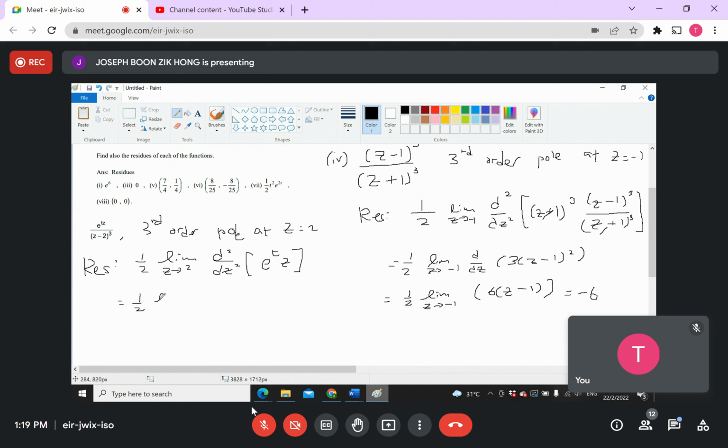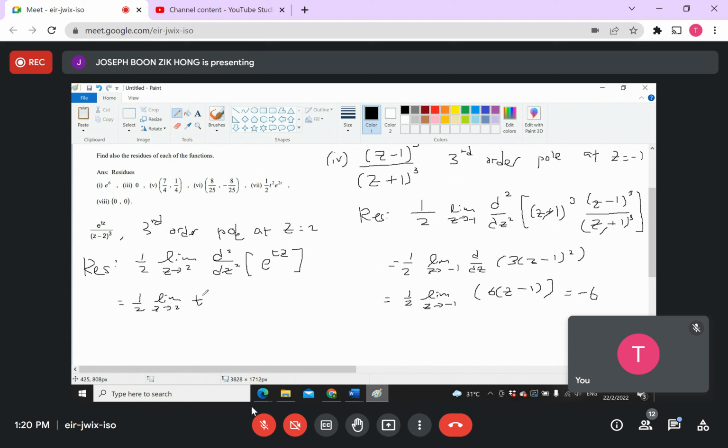So when you differentiate 2 times, this one is e to the power of tz, z is the variable. When you differentiate with respect to z, you have t e^(tz). Again, you have t square e^(tz).